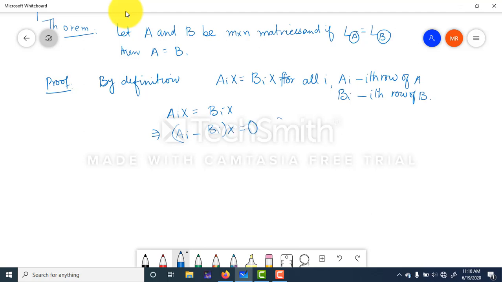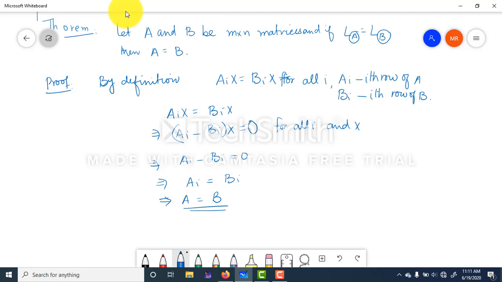And this is true for all i and X. And if this is true for all i and X, we will have Ai minus Bi equal to 0, or Ai is equal to Bi, that is, the ith row of A is equal to the ith row of B for all i. Hence, this would imply that A is equal to B, which is the proof of this theorem.